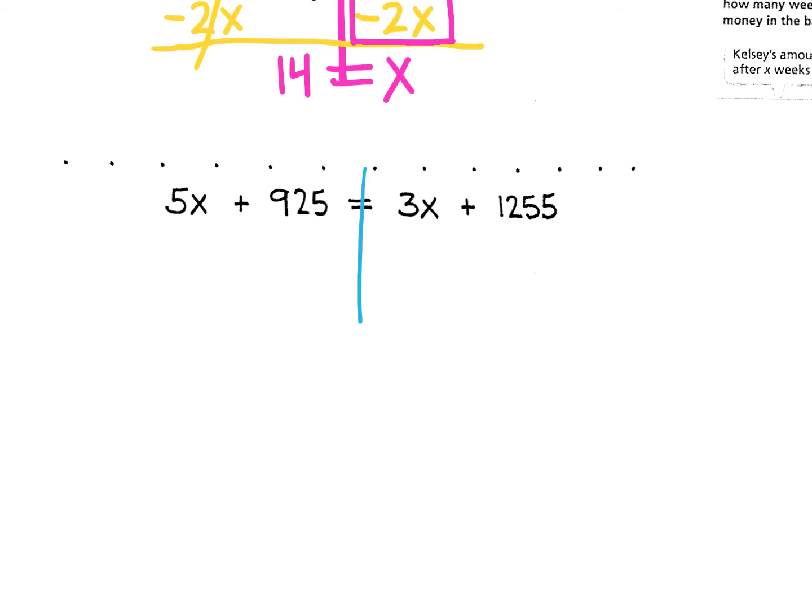This side right here has less of the variable, so I'm going to subtract that one. I am going to subtract 3x from this side. The reason I'm going to do that is because 3x minus 3x is going to be 0, and those are going to be gone. Whatever I do to one side of the equation, I have to do to the other.